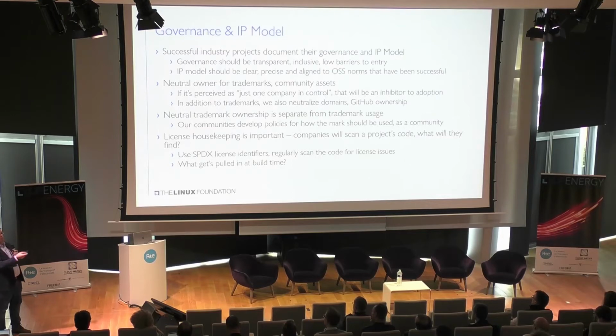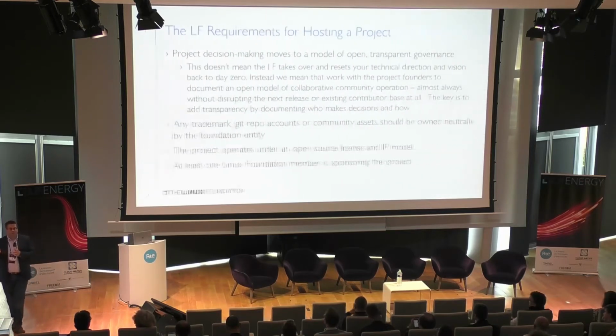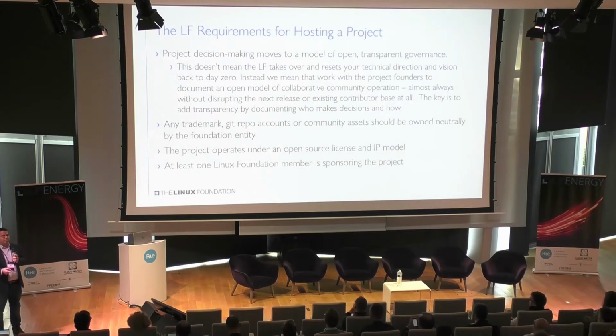SPDX itself is an open source community. And they put together a list of all the main open source licenses, and it has a legal group of lawyers who work together. And that list has become the canonical way that most organizations are now documenting what the license is for any file in open source. And all these things are important because it puts together a way to reduce the friction for you to adopt, use, contribute back, and leverage open source software.